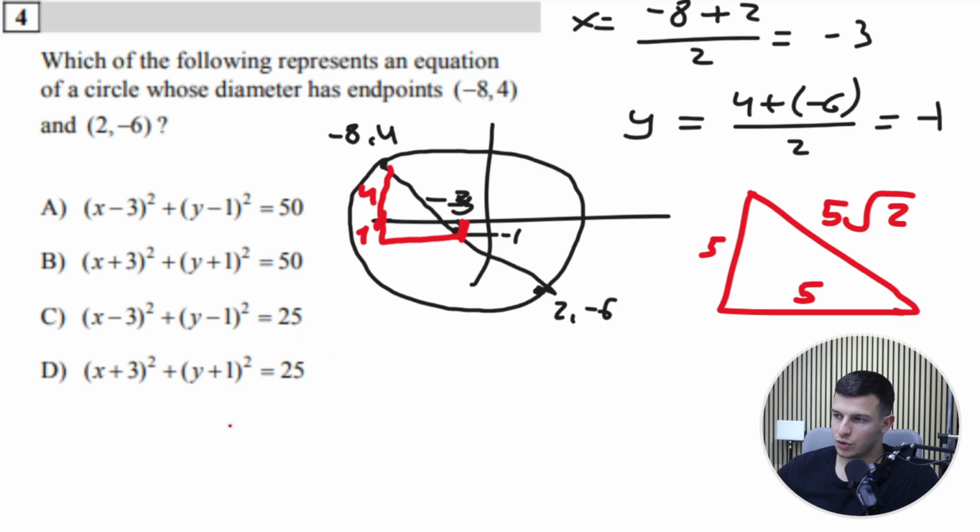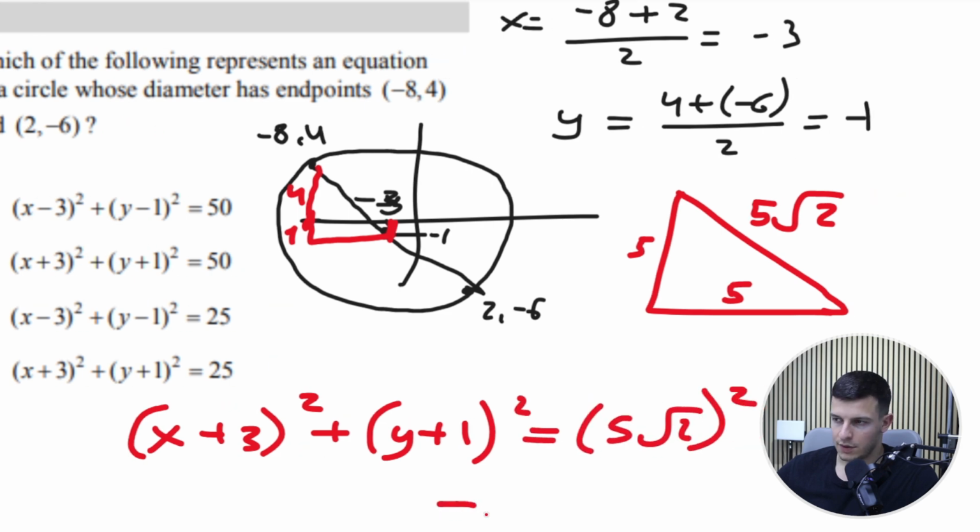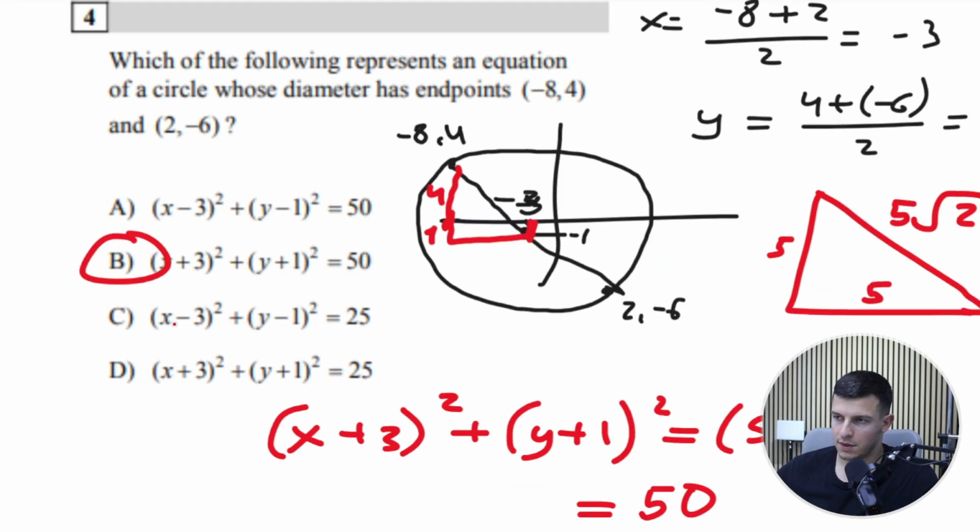So my equation, the final line, is going to be (x plus 3) squared plus (y plus 1) squared equals (5 square root of 2) squared, which is equal to 50. Yes, so the answer is going to be B.